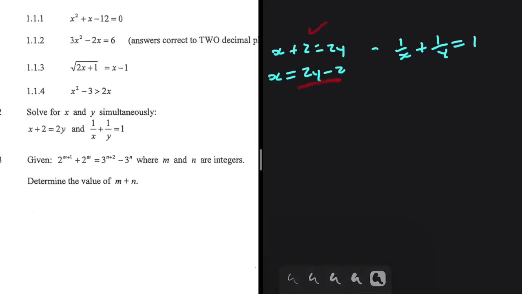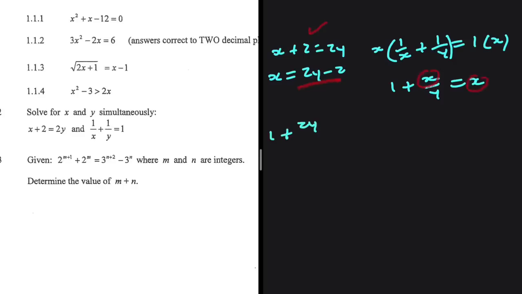If we multiply the left-hand side by x and multiply the right-hand side by x, we're going to have 1 plus x divided by y being equal to x. In place of x, we can go ahead and substitute 2y minus 2. We're going to have 1 plus 2y minus 2, everything divided by y, being equal to 2y minus 2.